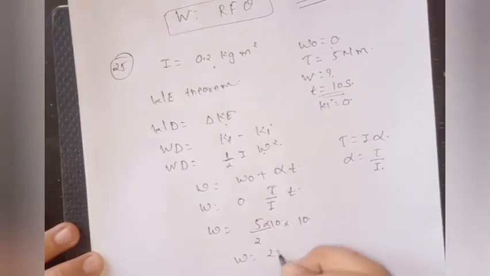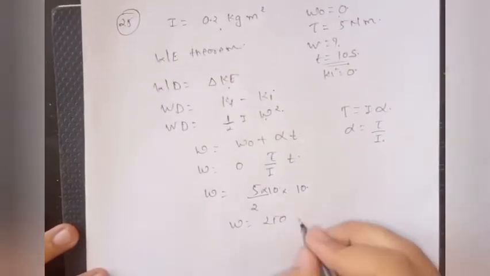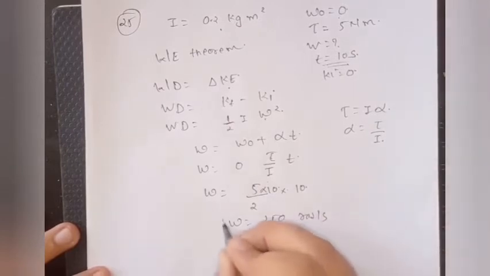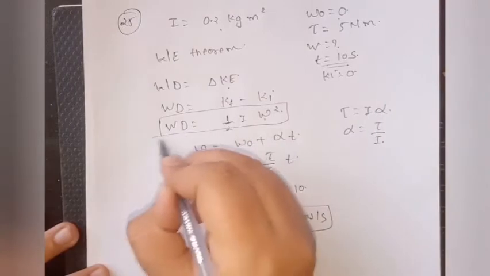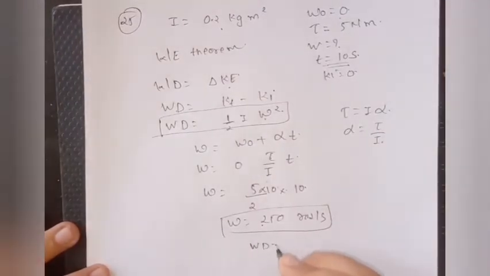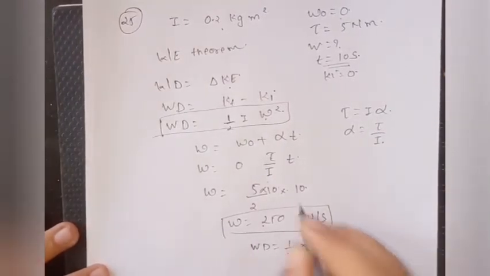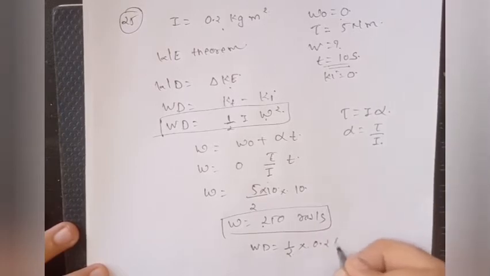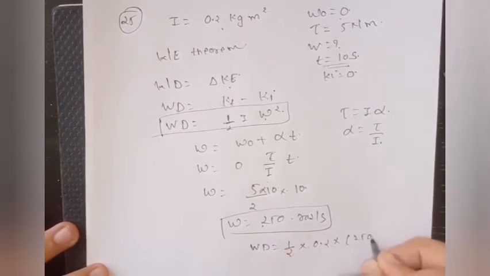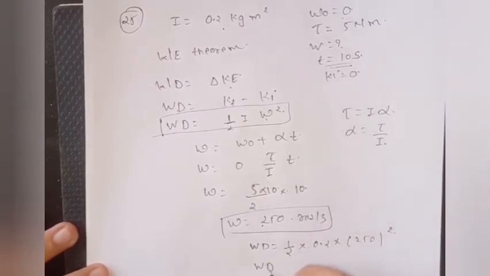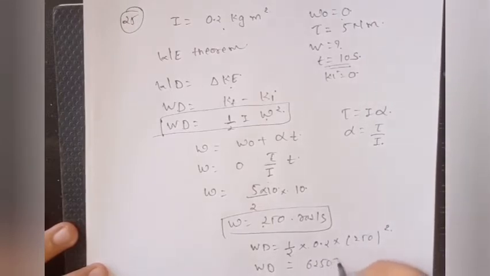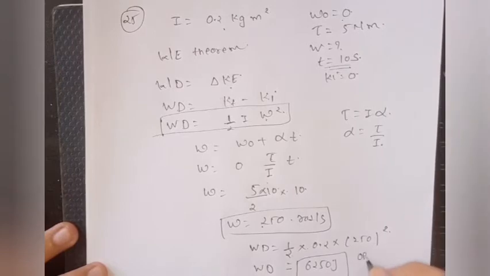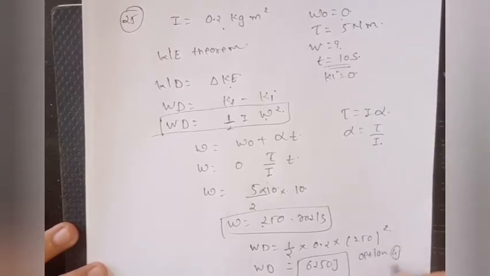So omega is equal to 250 radian per second. Put this value in this equation. So work done is equal to half, moment of inertia 0.2, into 250 square. Solving this, we'll get work done is equal to 6250 joule. So option 4 is the correct option.